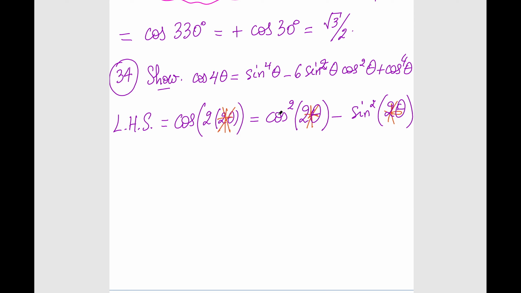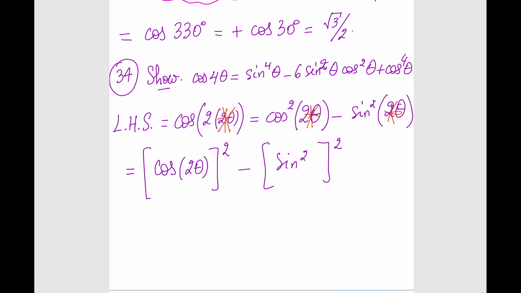All right. And cosine squared of 2 theta, this is the square of cosine 2 theta, right? So this is the same as the square of cosine of 2 theta minus the square of sine of 2 theta.